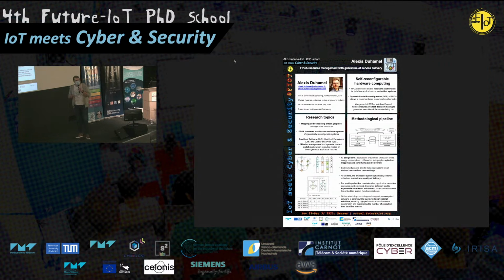Execution mode, for instance, for a video encoding application can be image resolution or frame rate. And of course, when we have multiple applications running on the system, you can dynamically change some parameters from an application to reduce the complexity of what you are trying to compute on the system.